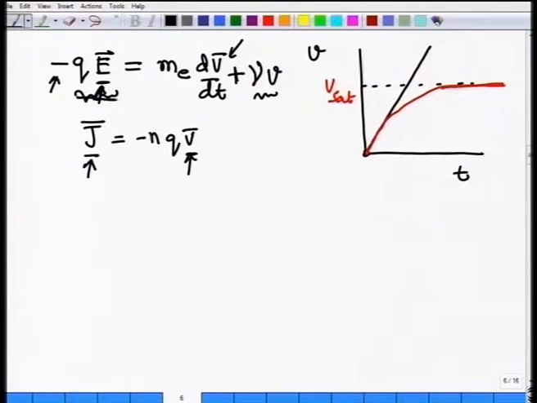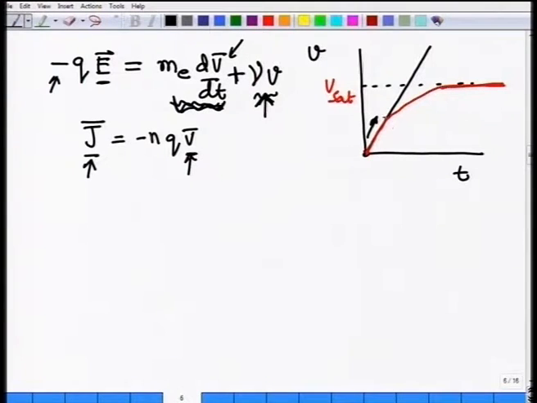So, whatever this total force was totally balanced by this term, and hence we had a linear increase of velocity near t equal to 0. But as this velocity begins to increase, now this term is non-zero and it starts acquiring greater and greater value. And since it acquires greater value and the total left hand side must remain the same, the value of this term keeps decreasing.